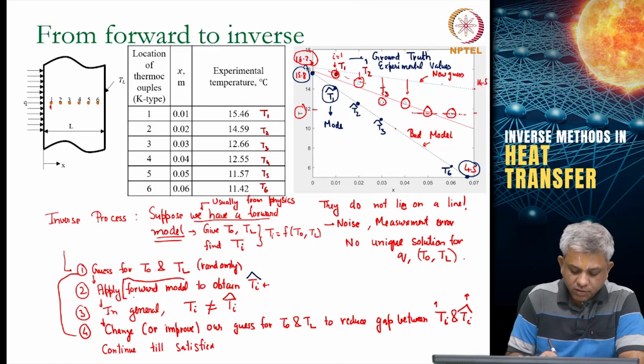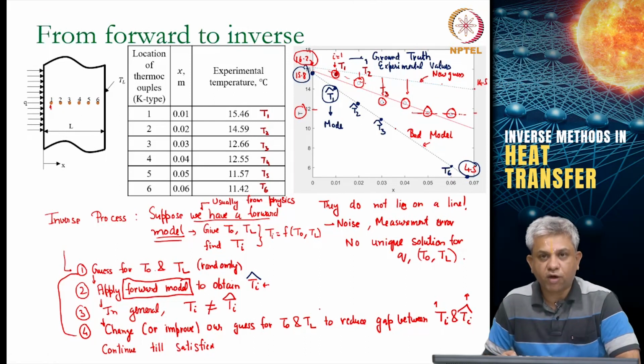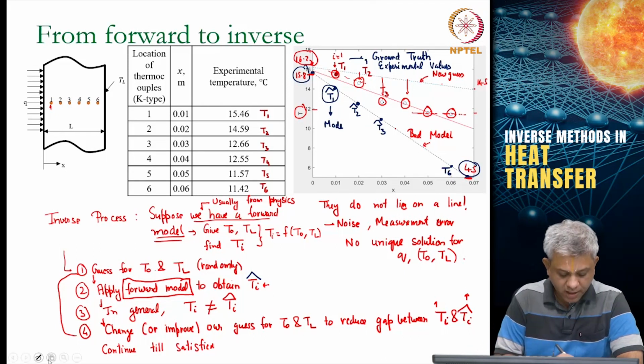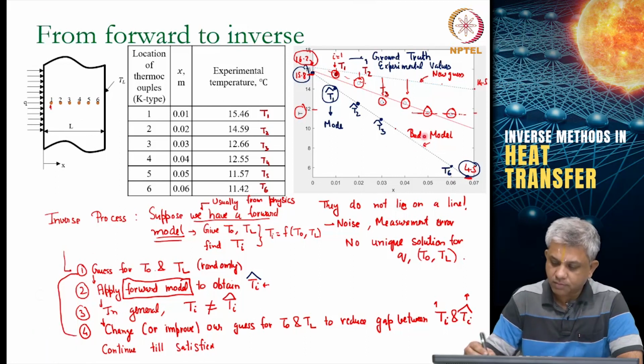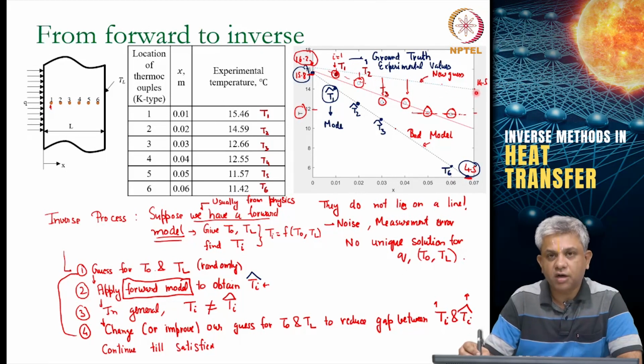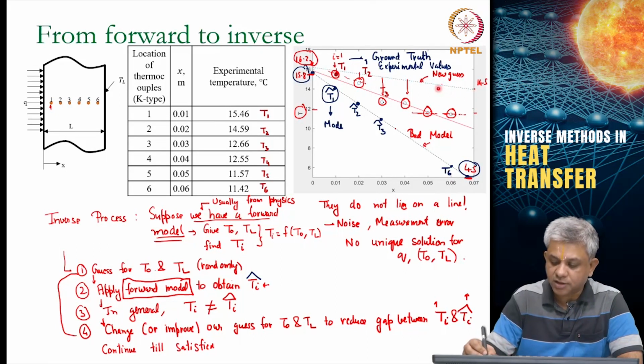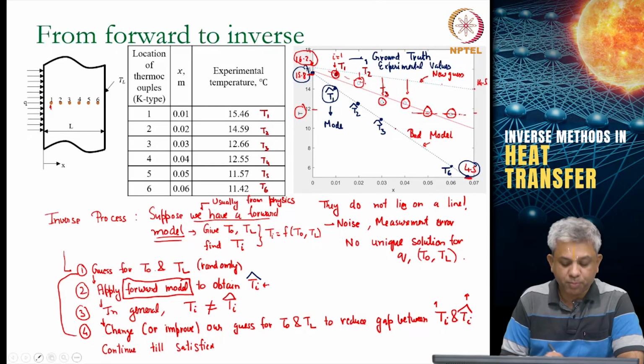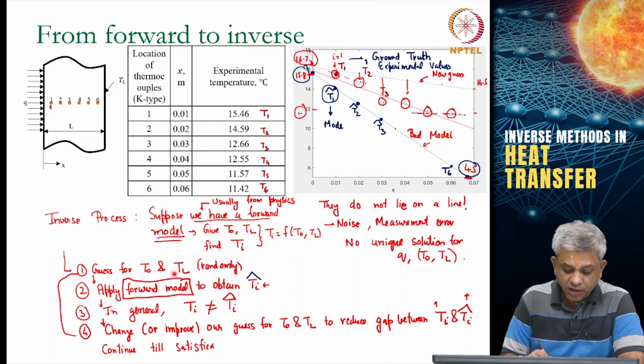Each time you are applying a forward model. I made a guess, applied a forward model, got some values of T hat. Now, I make another guess with another two values, and that gives me a new guess for the intermediate temperatures. Keep on making it. As you can see, that entire process involves multiple forward models.